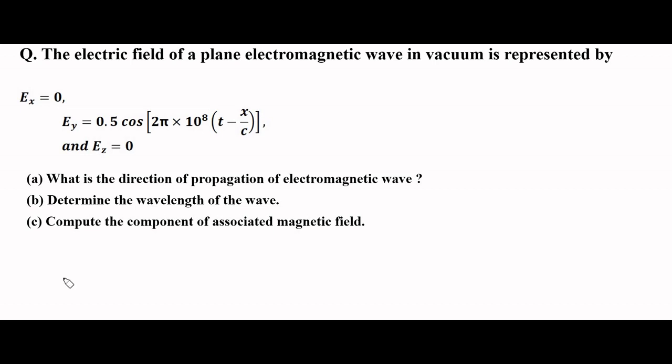So here is another question on properties of electromagnetic waves. It is given that the electric field of a plane electromagnetic wave in vacuum is represented by Ex is equal to 0, Ey is equal to 0.5 cos 2 pi into 10 to the power 8 t minus x by c, and Ez is equal to 0.